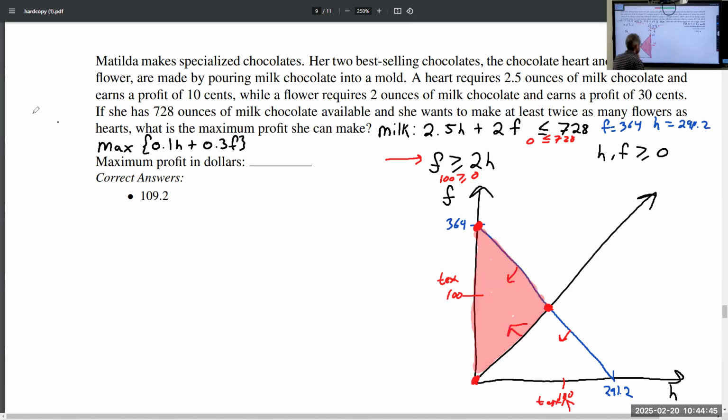Okay, so 3 points. I need to see if they are the maximum. What are these points? Well, one of the points is 0, 0, and I don't think that's the maximum. You could have a problem where it's the maximum, but not in this case. Another point would be 0, 364.